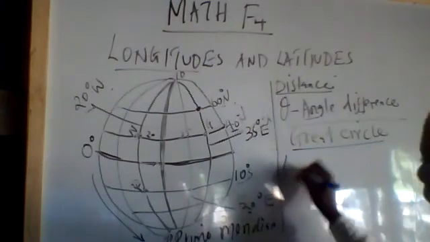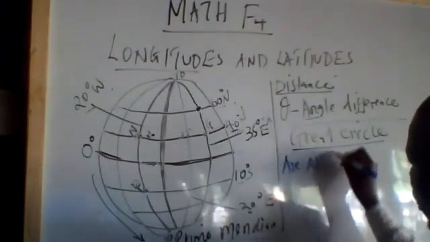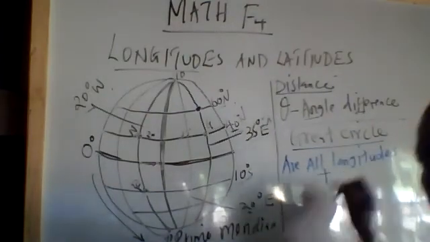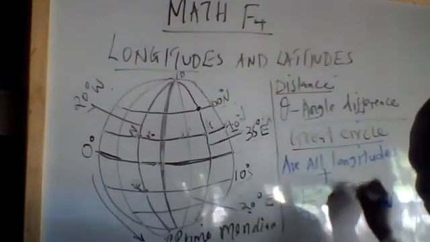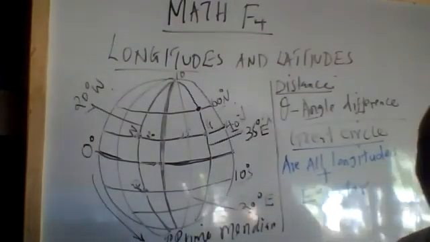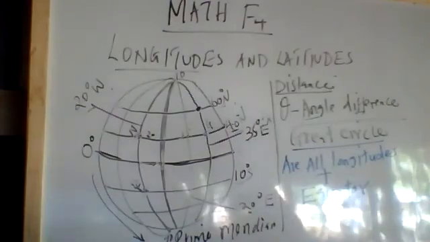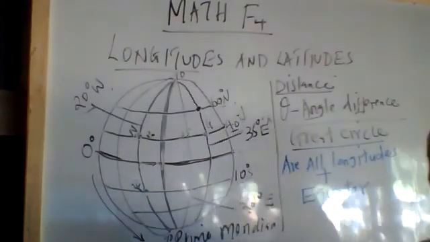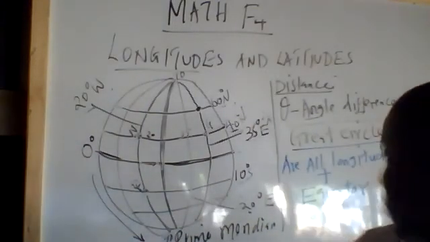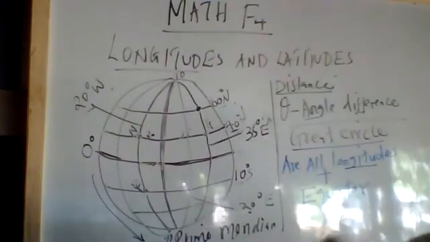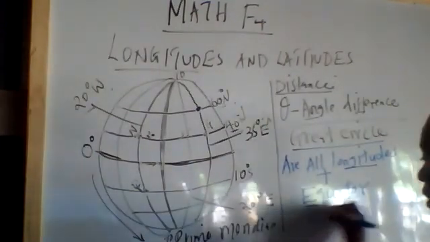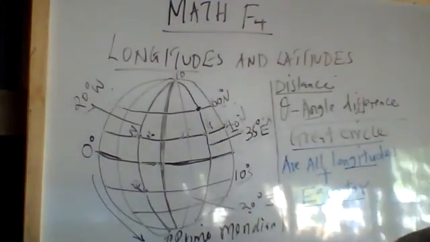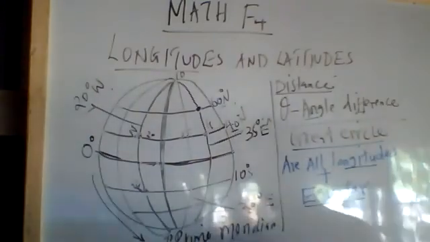Great circles are all longitudes plus the equator. Those are the two things that we term as great circles. So all the great circles that we're going to work with are longitudes. That is the first thing. The other thing that is going to be called a great circle is the equator. Those are the two things we should know are categorized under the section that we call great circles.